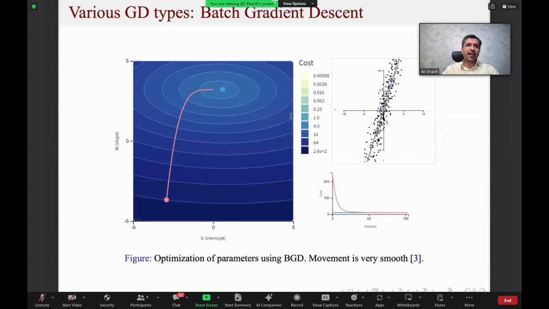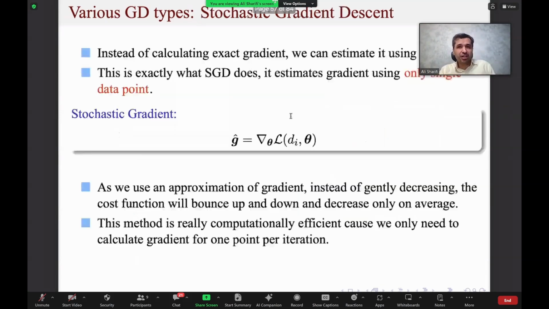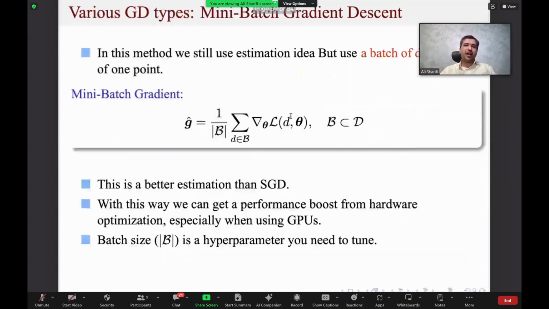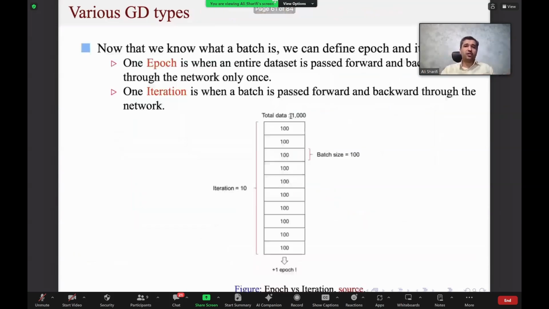For example, we can give the whole batch of the training data in each iteration. We can randomly select one sample, or we can split the whole batch of data into mini batches, and see which provides the best results.